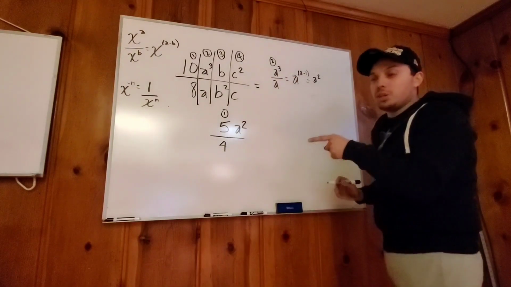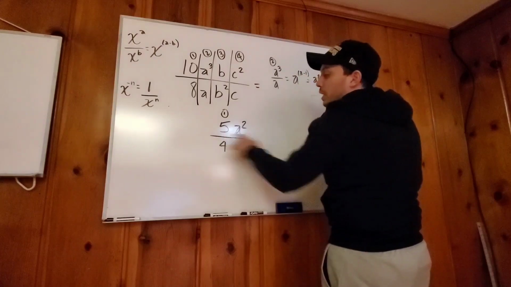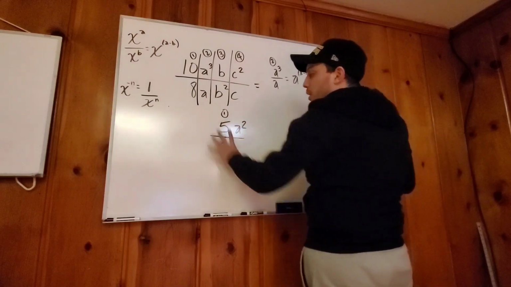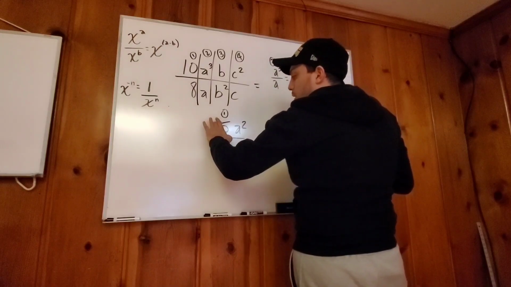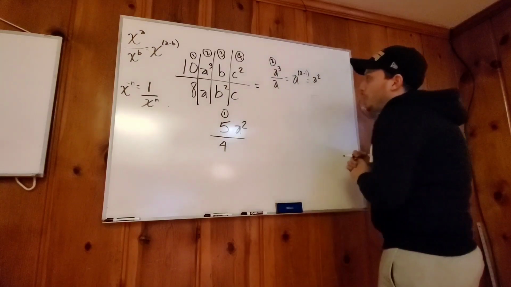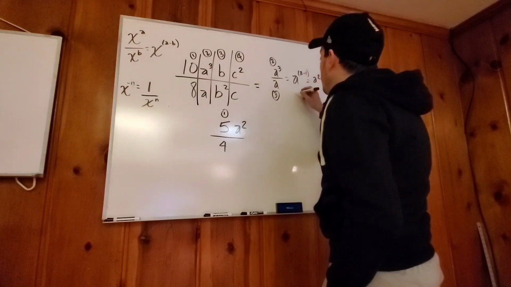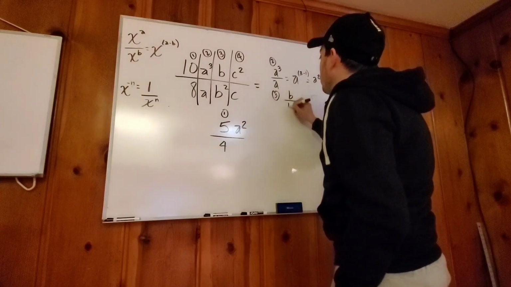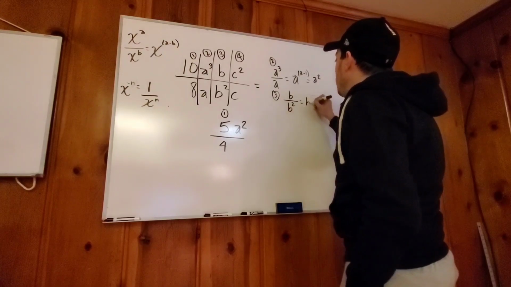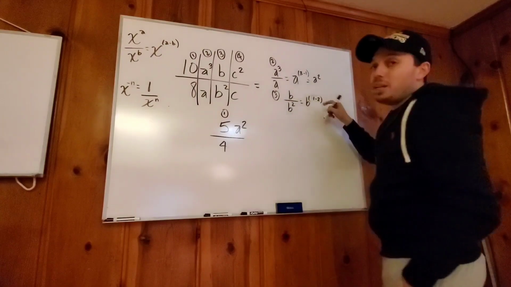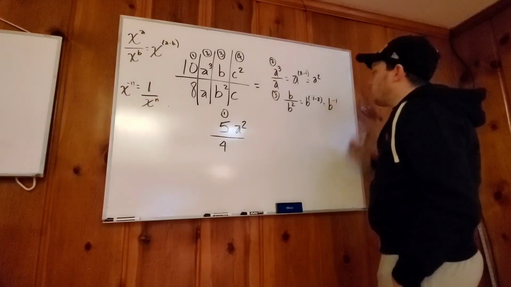Now in here, I did not jump the gun because I already knew I needed to have my division bar so that I could put whatever has to be on the numerator and denominator, right? So then my third step is going to be b over b squared. Well, that's going to be b to the 1 minus 2. 1 minus 2 is going to be b to the negative 1.